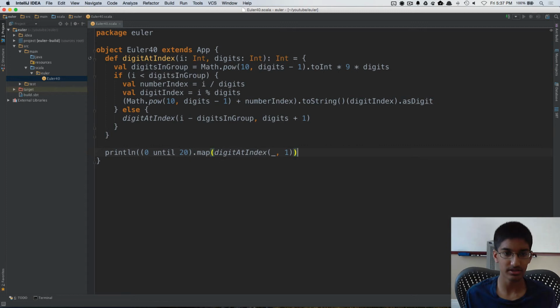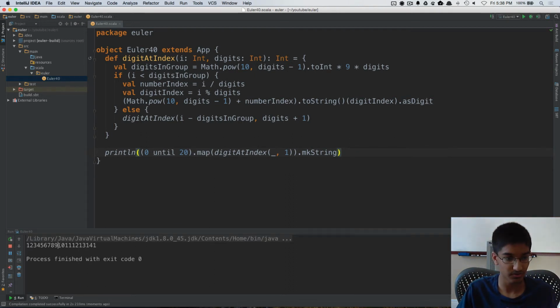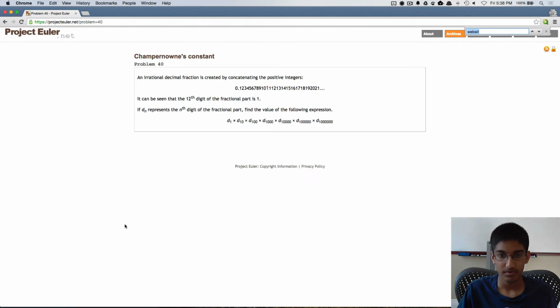I'm going to print on this. And actually we can make string so that we get a nice clean answer, which shows us how it would look within the decimal. And you can paste this into Chrome, and we see that we've gotten our right formula for calculating the digits.